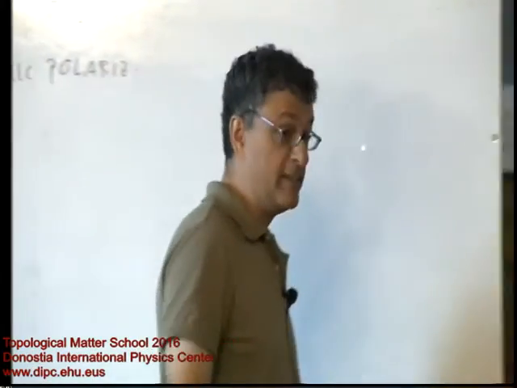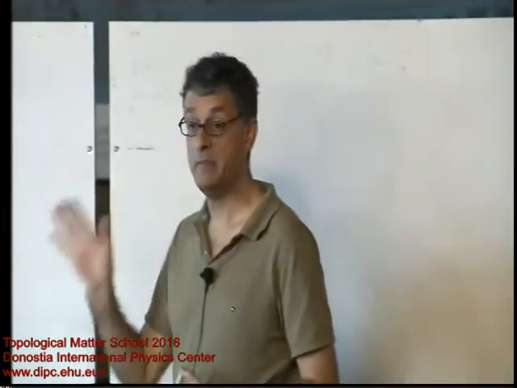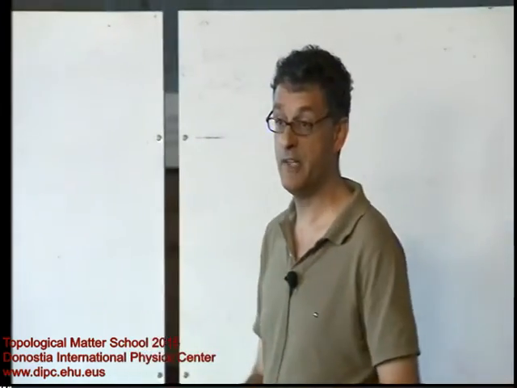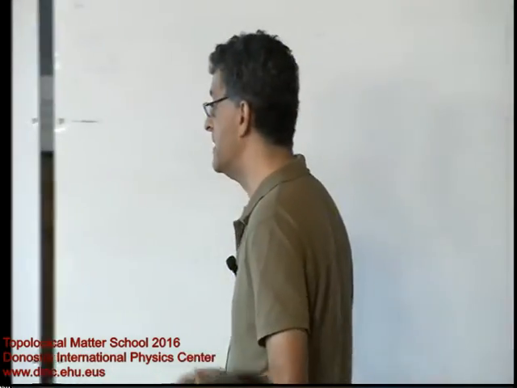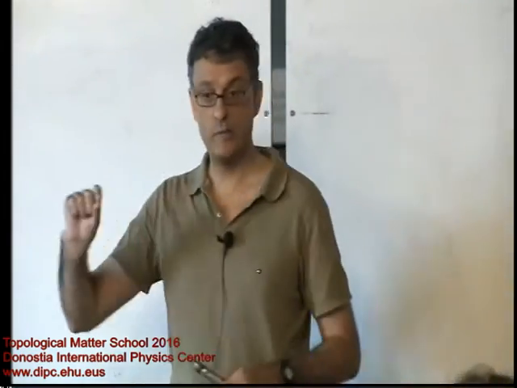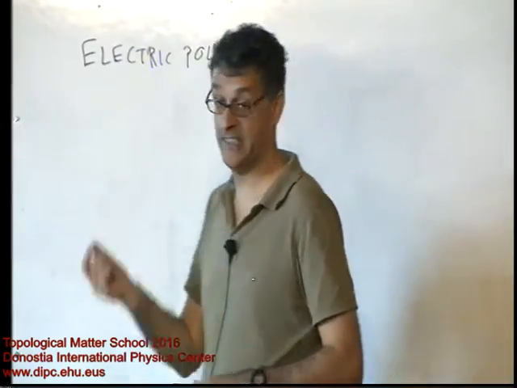So there are several advantages to doing this. The first one is that you can talk about this problem in one dimension. It's an eminently one-dimensional problem. Of course, real materials are three-dimensional, but then the polarization is a vector with three components, and you can treat one of them at a time. But for pedagogical purposes, you can just think of a one-dimensional system, and then the polarization is just a scalar, and that's what I will do for the entire lecture.